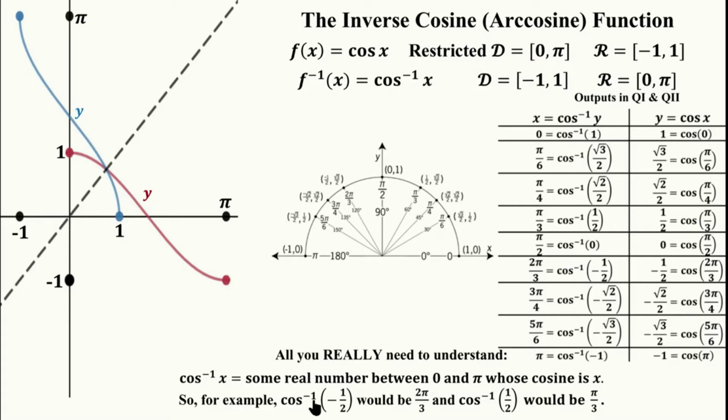So for example, the inverse cosine of -1/2 would be some angle between 0 and pi whose cosine, meaning the x value, is -1/2. And of course, if you look at all the angles here, you can see that the one whose cosine or x value is -1/2 is right there, and it's 2 pi over 3. So that's a typo here. That should be 2 pi over 3.